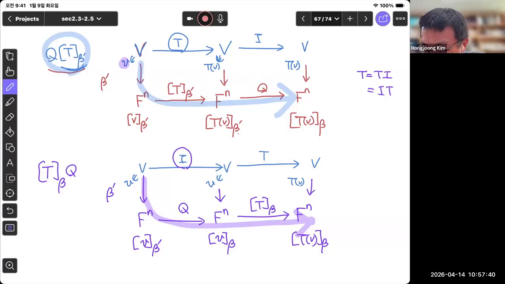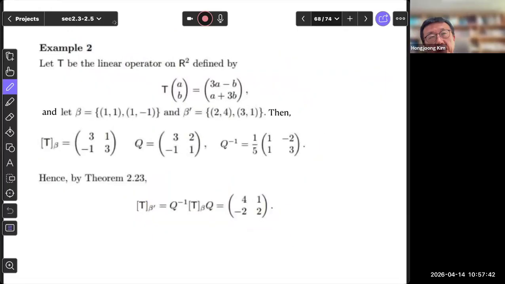So that's the theorem we considered, and in the example, let T be a linear operator on R2 space defined by this, and let us consider two bases, beta and beta prime. And then the matrix representing this beta will be this. It is simple, right? Q can be also easily identified.